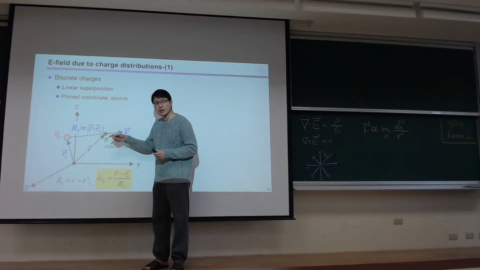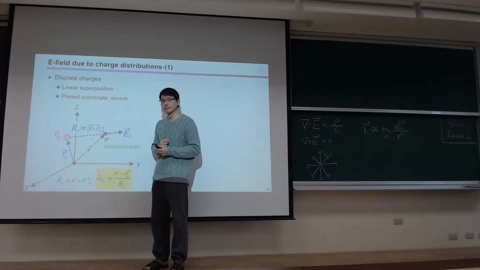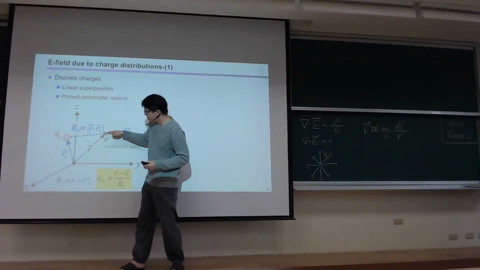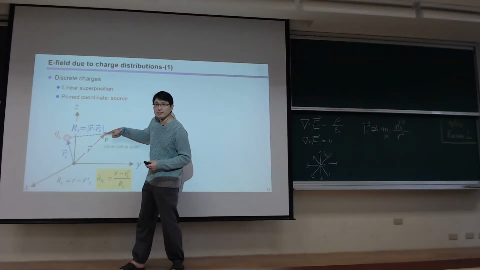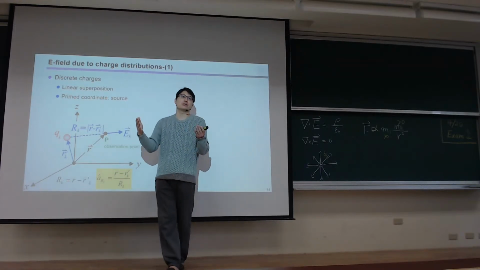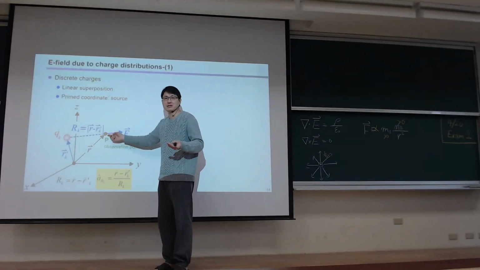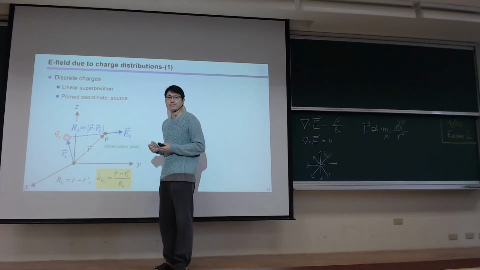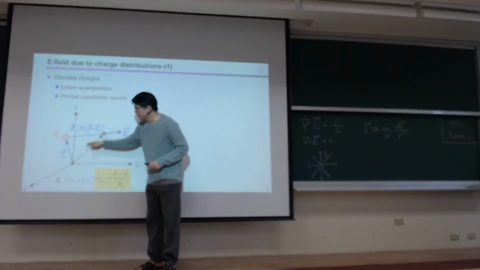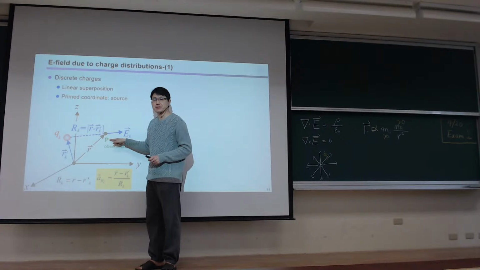I'm standing here. I want to measure the E field intensity at this location. So I need to know the position for this observation point. And that position is itself a vector, r. I'm using r to express a generic position. It can be x, y, z, or r, phi, theta, r, phi, z, or r, theta, phi. Doesn't matter. So this r stands for the position vector of my observation point.